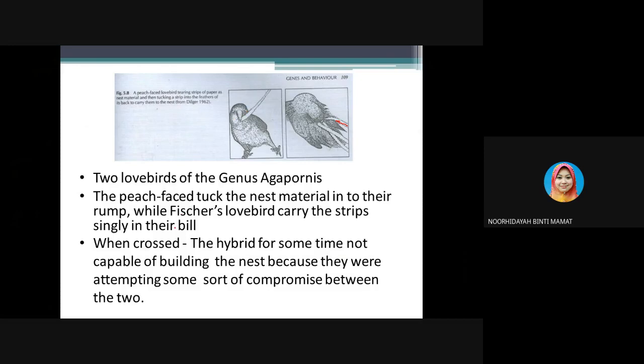When these two groups of lovebirds are crossed, they result in hybrids. The hybrids for some time were not capable of building the nest, because they were attempting some sort of compromise between the two behaviors of bringing the materials for building the nest.